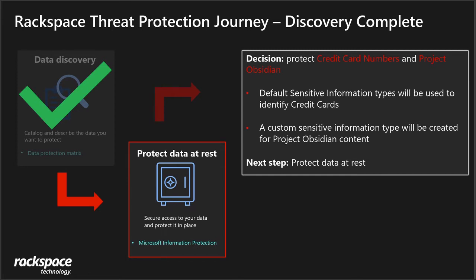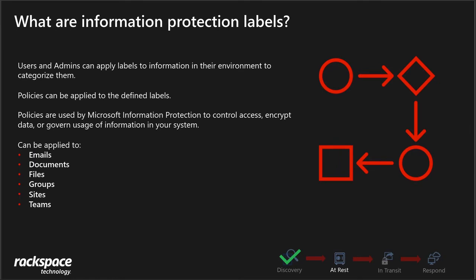And so the next step is to use Microsoft Information Protection to protect the data at rest. And we do that through labeling. So information protection labels define how you use the sensitive information types to broadly categorize documents, files, sites, teams, and all kinds of stuff like that.